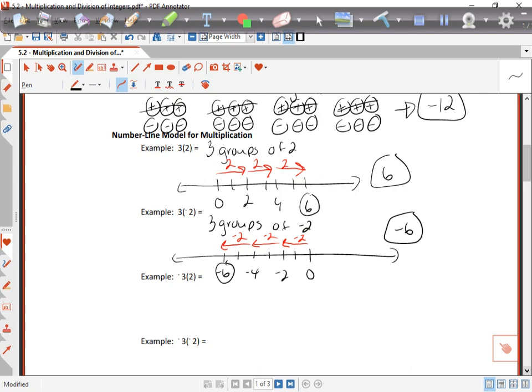So instead of saying remove, I'm going to say opposite of 3 groups of 2. You're going to do this part first.